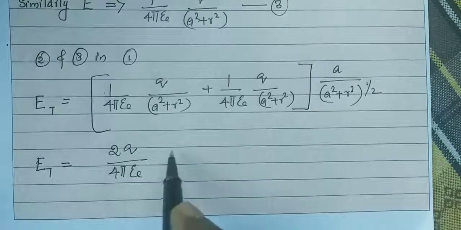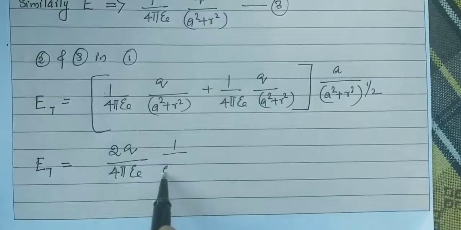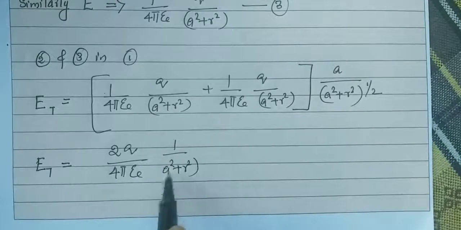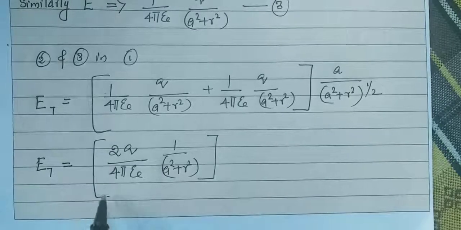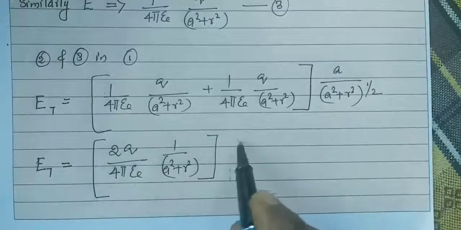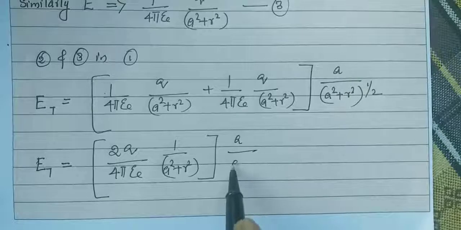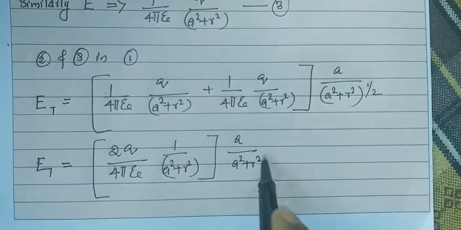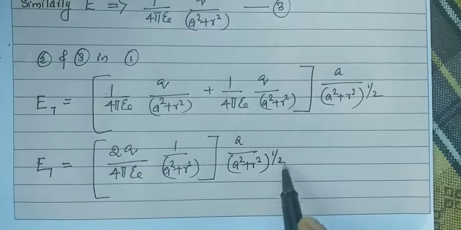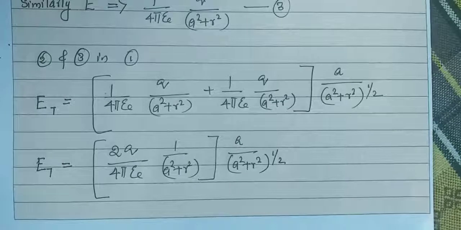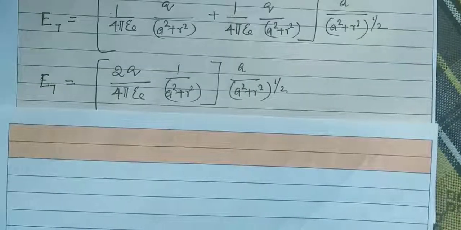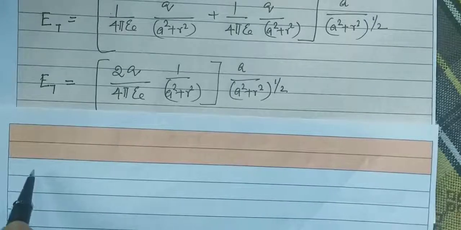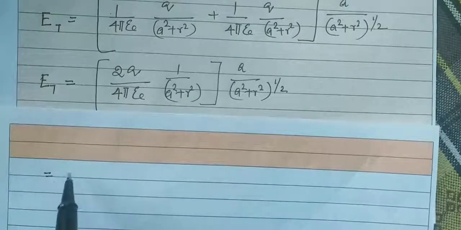So 2 times q divided by 4 pi epsilon 0, I am writing together, into 1 by a square plus r square. So these two terms will be 2 times an individual term, very simple, into a divided by r square plus a square whole raised to 1 by 2. Just multiply the term outside the bracket into the term inside the bracket.